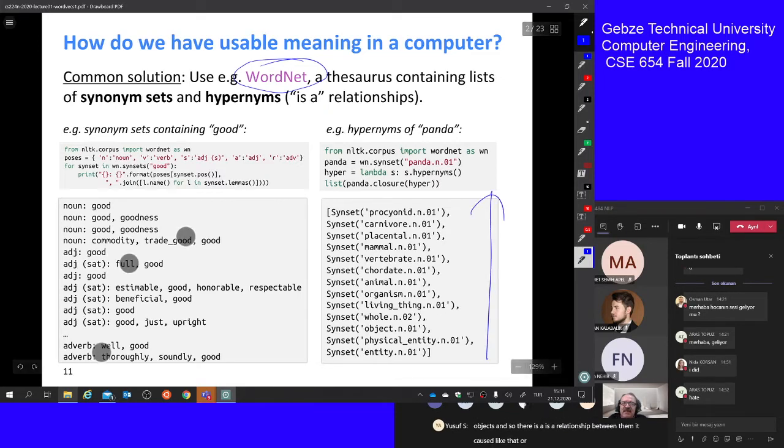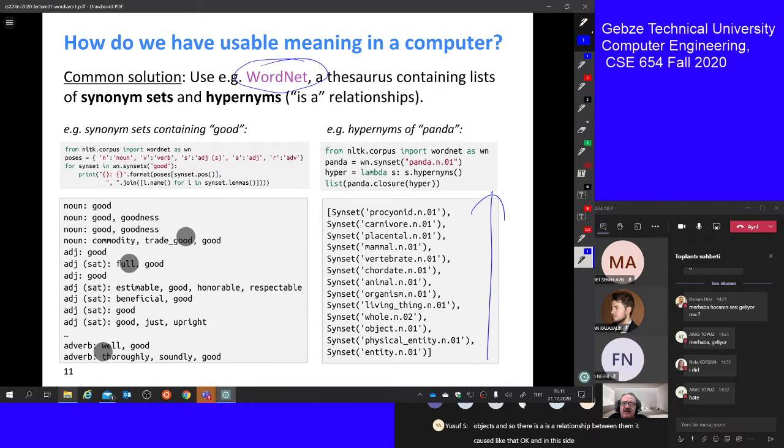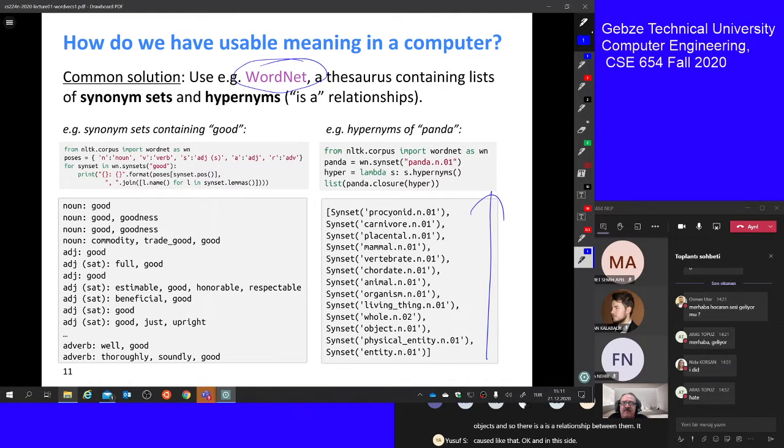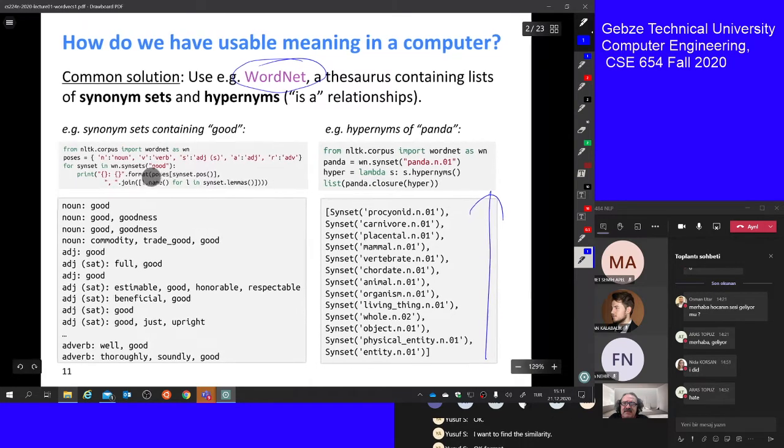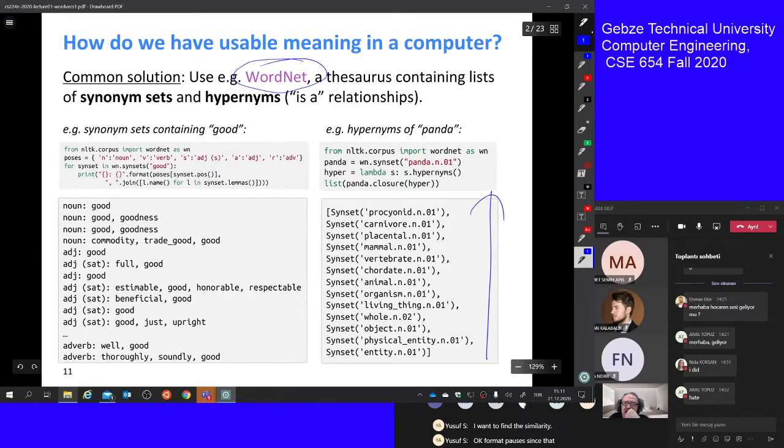And on this side, I want to find the similarity. It wants the part of speech, labels of all the POS, and it likes to find the similarities between them. What is similar to good?